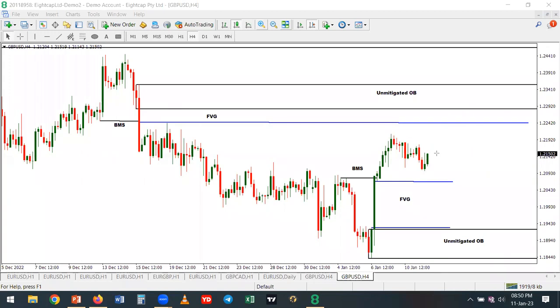But let's assume that price comes from here. Let's say that this has happened. Got a flip. Price coming from up now. This other block has been mitigated. So price is coming from this other block down to this particular order block here.